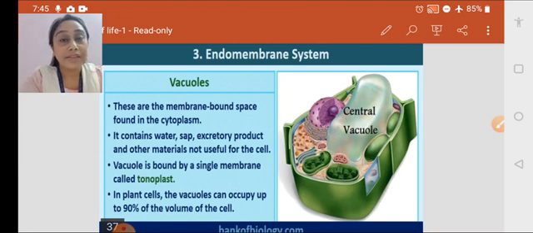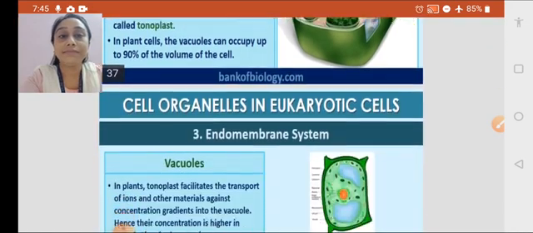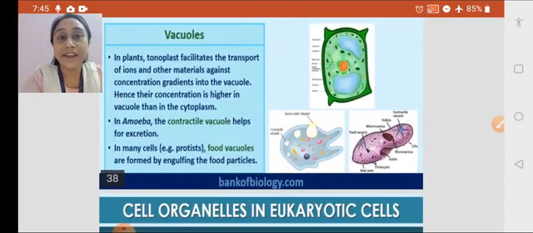The plasma membrane of this central vacuole present in plants is very special. We call it tonoplast. Why is it very special? Let us see. It is very special because the tonoplast facilitates or helps in transport of ions and materials against the concentration gradient. Remember, we studied active and passive transport.